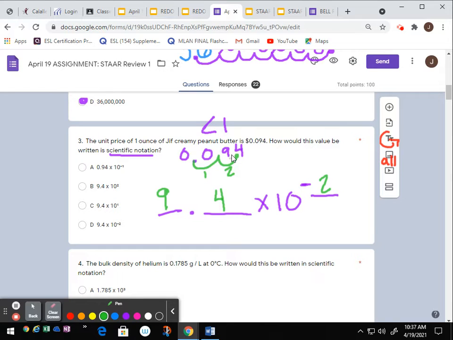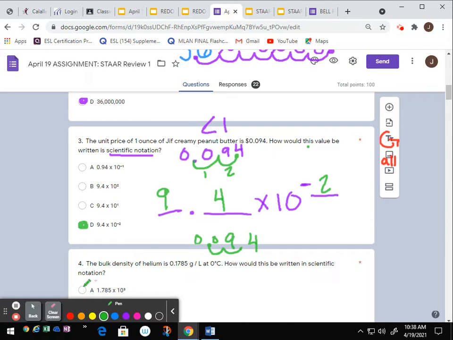When we write this back out in standard form, we go to the left 1, 2 spaces, and we're back to where we started. So it's negative. Answer choice D is the correct answer for number 3.